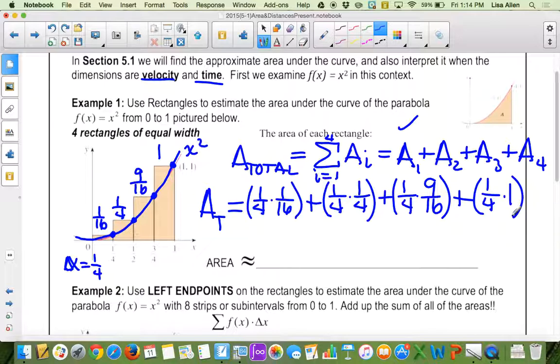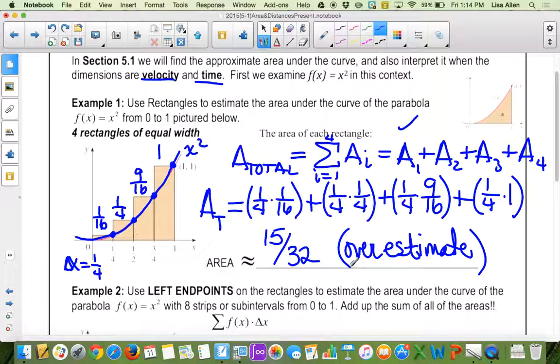If we combine all these, we should get an area of approximately 15 over 32. If you consider for a second, this is an overestimate because the rectangles are above the curve. This is an overestimate for the area.